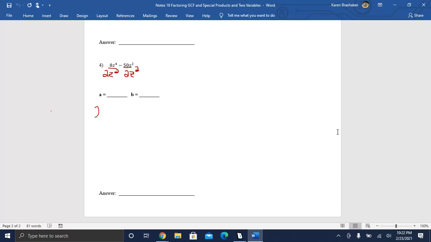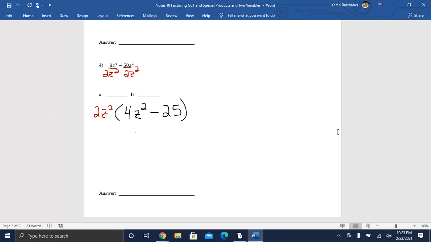And so the 2z to the second power would be written outside of a parentheses that has, so doing my dividing, 8 divided by 2 is 4. Z to the 4th divided by z squared will be z squared minus, and then my z squareds will cancel.